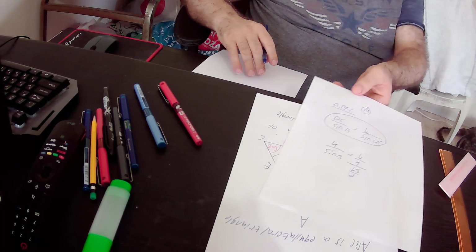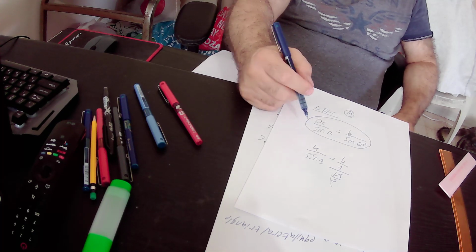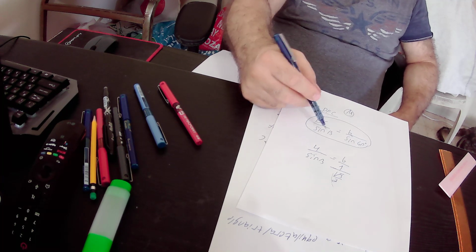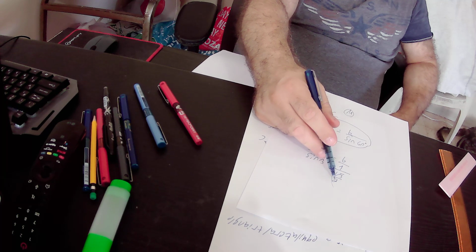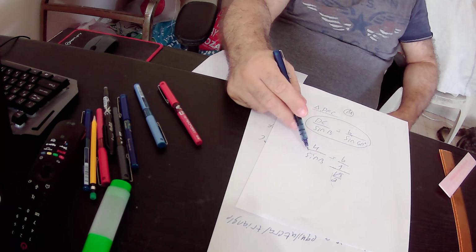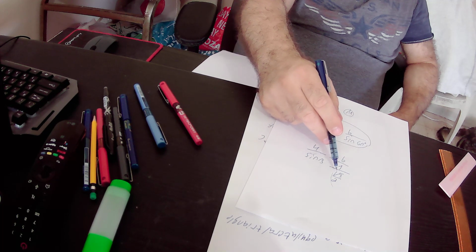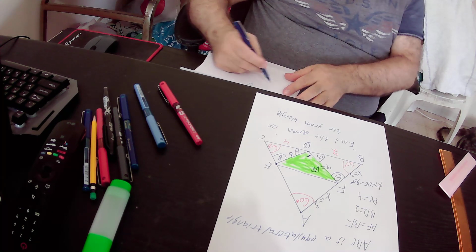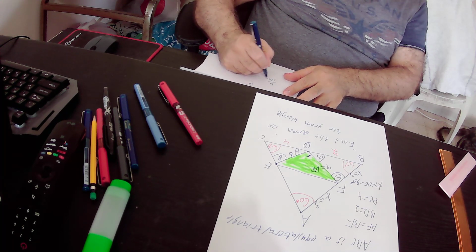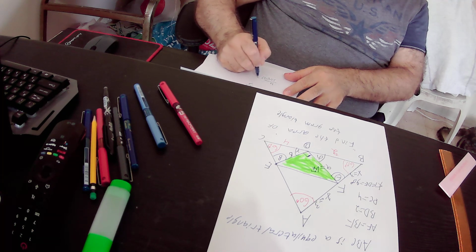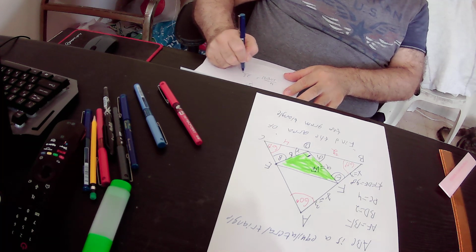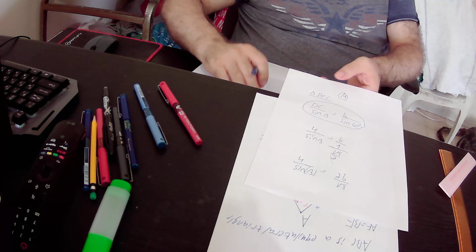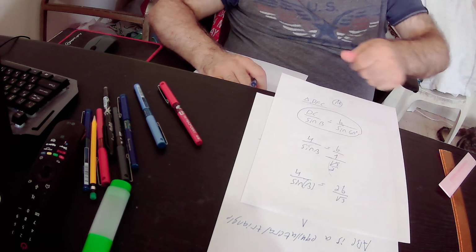Okay, in total we got that we substituted DC by 4 and sinus 60 degrees is root 3 over 2. So 4 over sinus beta equals b over root 3 over 2. We'll do this simple arithmetic. We'll get that 4 over sinus beta equals 2b over root 3.